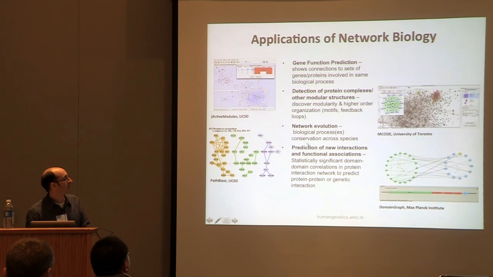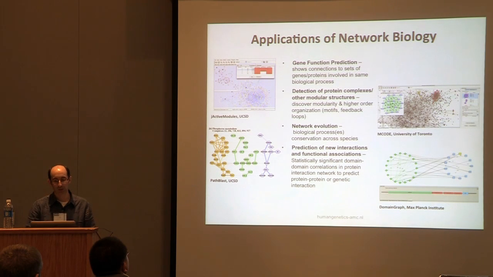People have studied network evolution, and people have predicted new interactions and functional associations. When I say functional associations, it's a relationship between genes or proteins that says those genes are functionally related, whether they're sequence similar or they interact physically or they're correlated in many gene expression experiments.